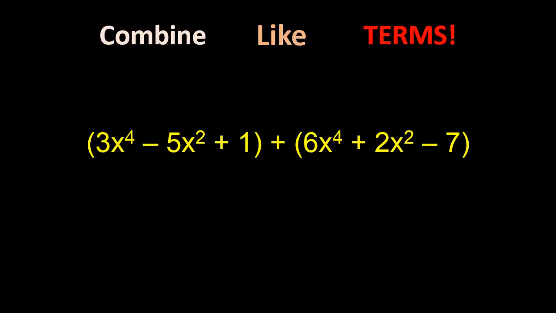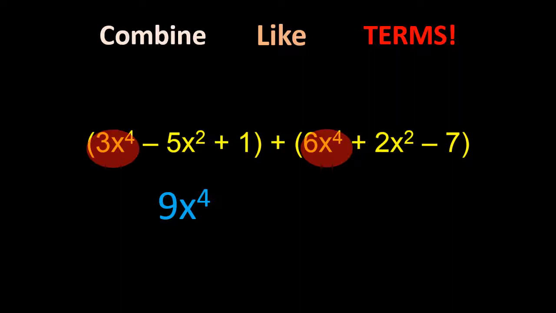So the first like terms that we're going to look at are 3x to the fourth and 6x to the fourth. These two are like terms because they have the same variable, which is x to the fourth. And the only thing that we need to do now is to put them together or add them together or combine them together. 3 plus 6 is 9, so the answer is 9x to the fourth.